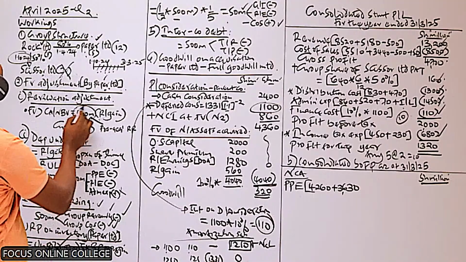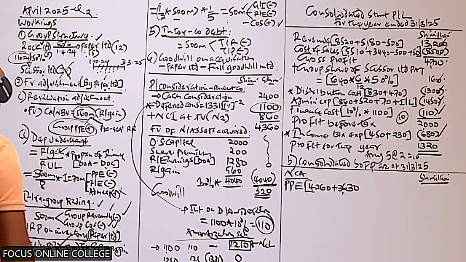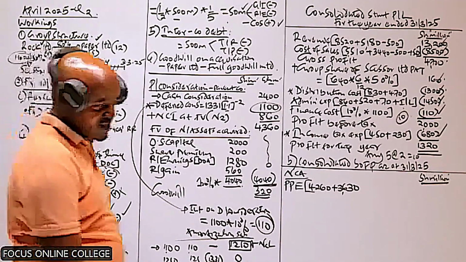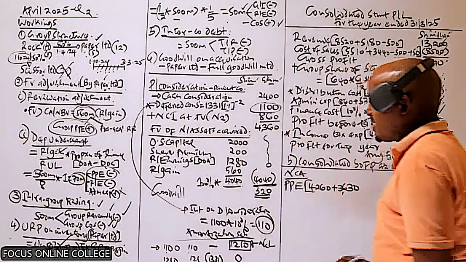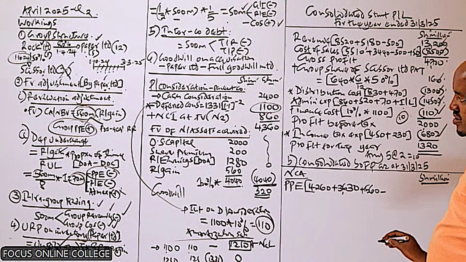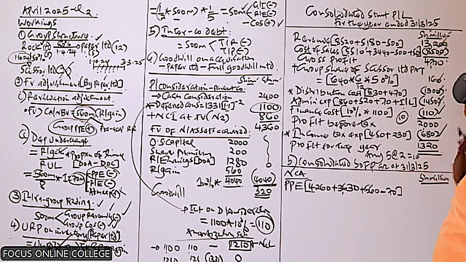This 560 will be added to the group PPE, and this depreciation other charge of 70 will be deducted from the PPE. Two adjustments here: we add the revaluation gain of 560, we less the depreciation other charge of 70. We get the final value there.